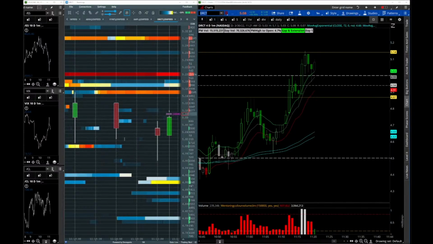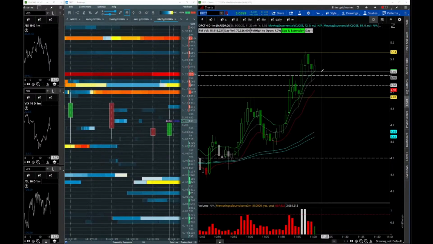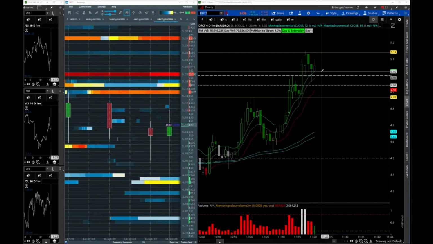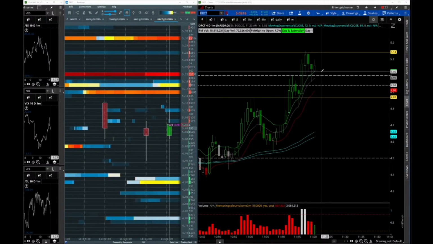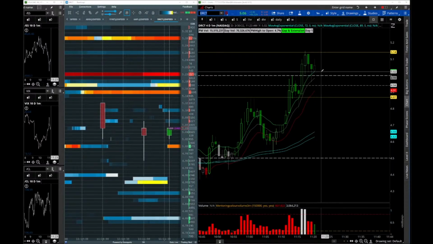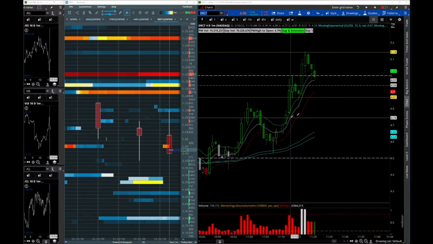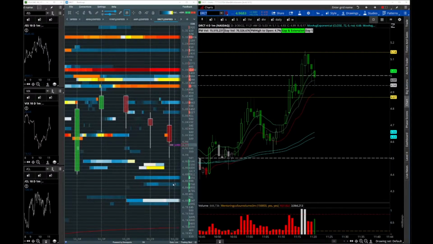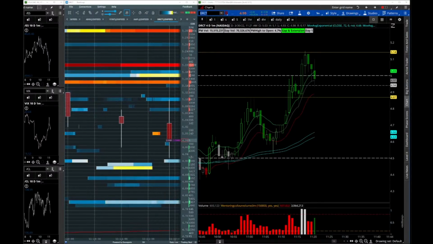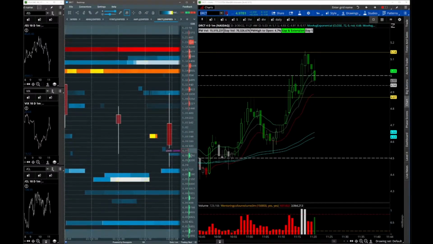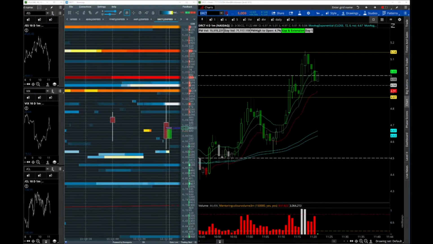$5.07 instead. It's picking up momentum. $5 over here.